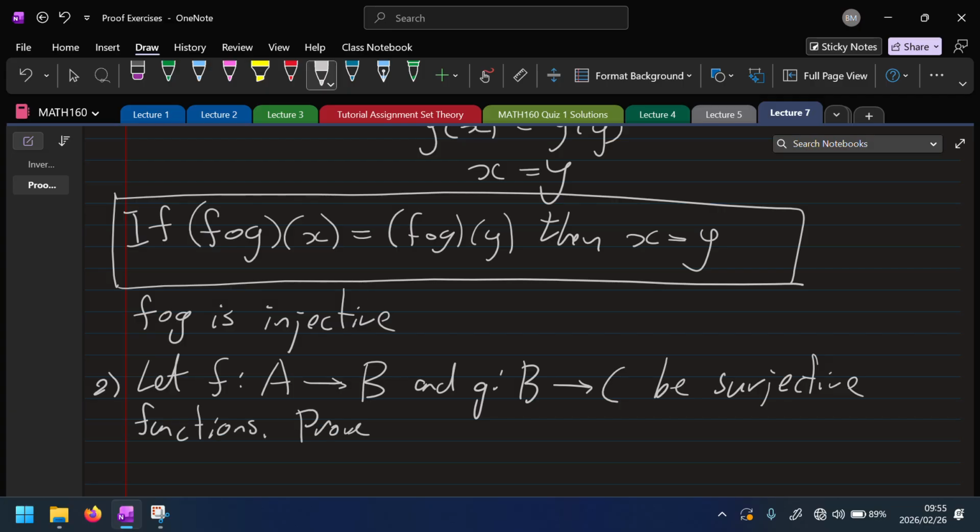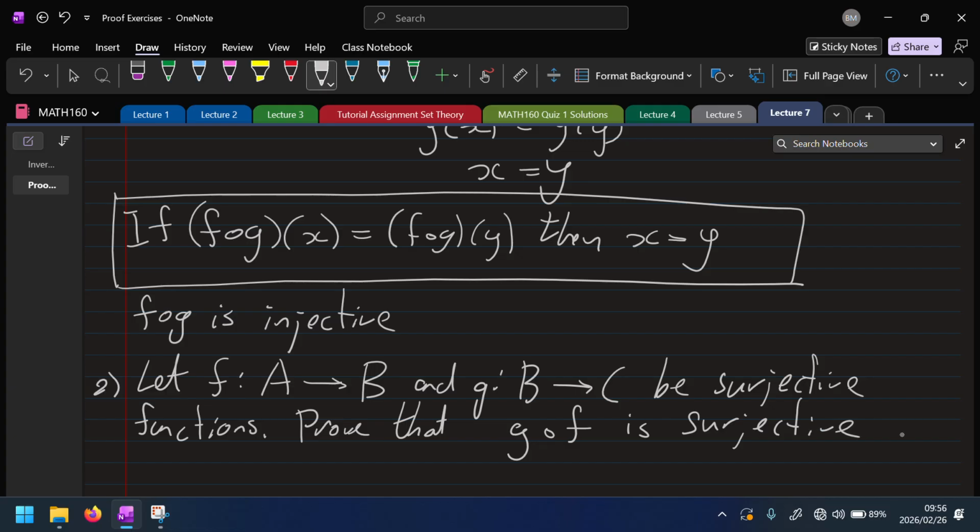Prove that g after f, so it's g of f, for the ordering. Does everyone see the ordering? Okay, this one comes second, so we write it first. It's weird, but that's just how it goes. So g of f is surjective.